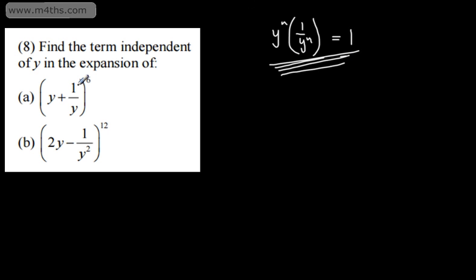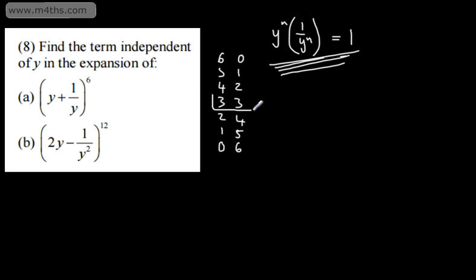If I look at this, and one way you might want to think about it if it isn't intuitive, if we look at the powers of y, we will have the power of 6 to begin with, then 5, then 4, then 3, then 2, then 1, then 0. If we look at this one, what we'll have now is starting with 0, then 1, then 2, then 3, 4, 5, and 6.